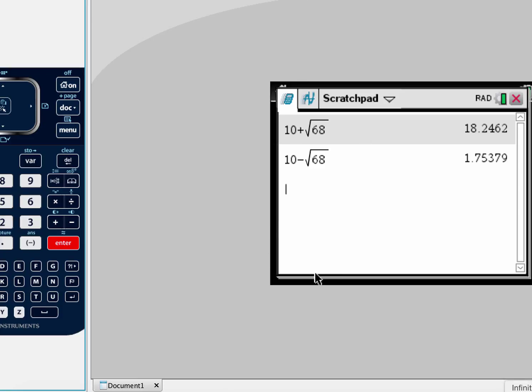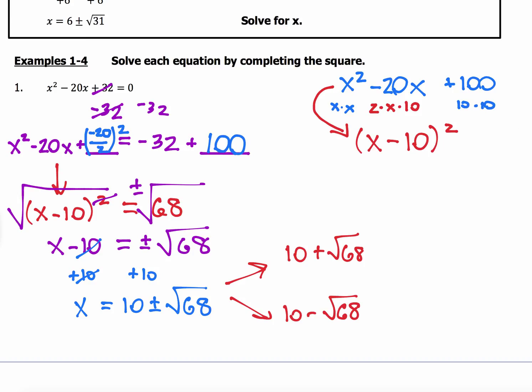Okay, so we get 18.25 and 1.75 for our answers for this problem.